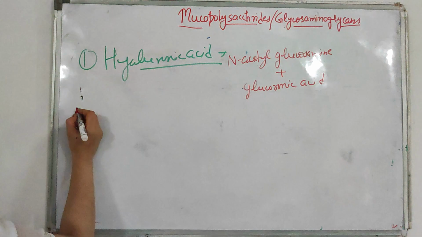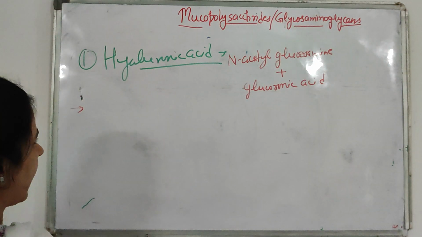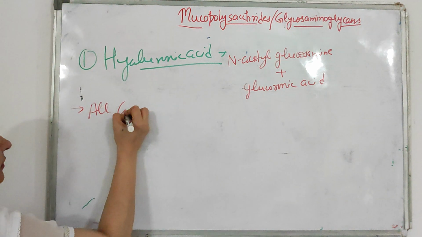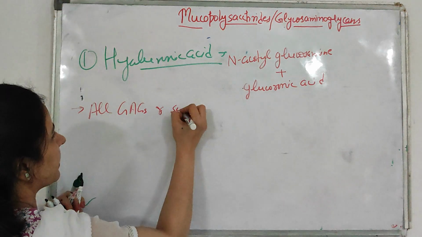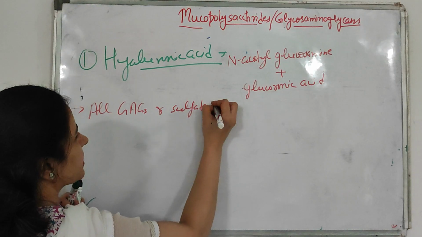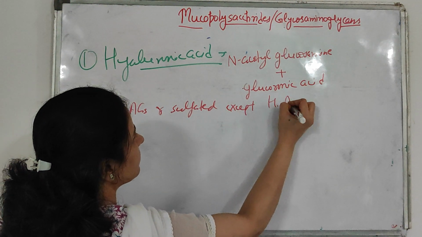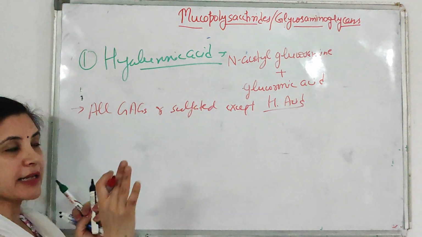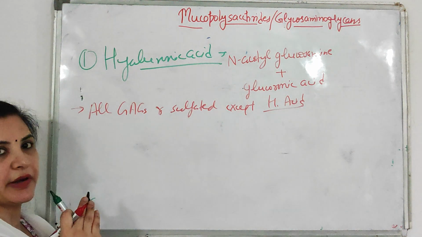Now what are the important features of hyaluronic acid? All GAGs are sulfated except hyaluronic acid. So remember, all glycosaminoglycans except hyaluronic acid are sulfated.